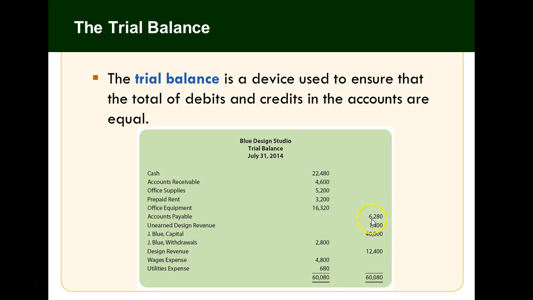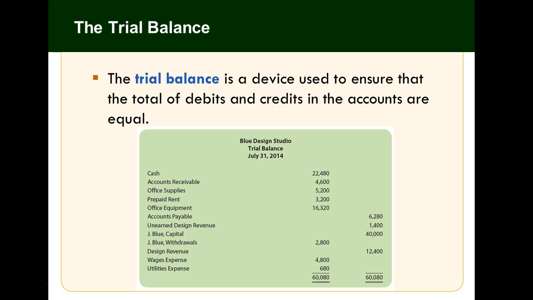Do you see our accounts payable should have a normal credit balance? Our unearned design revenue is also a liability that has a normal credit balance. Our capital account has a credit balance. And our revenue account has a credit balance. Our debits equal our credits.